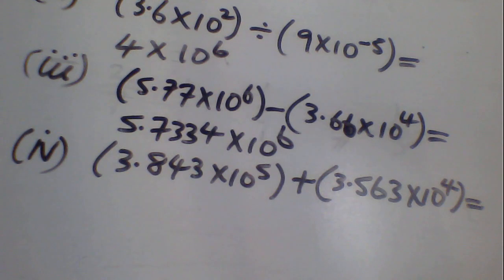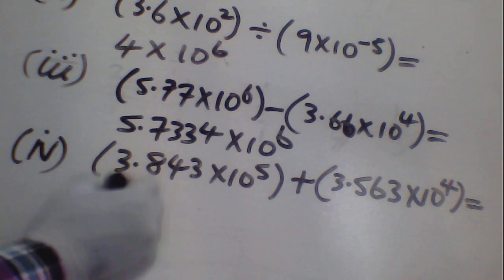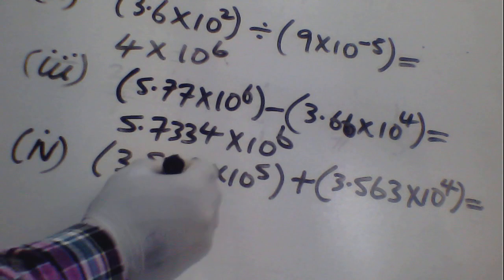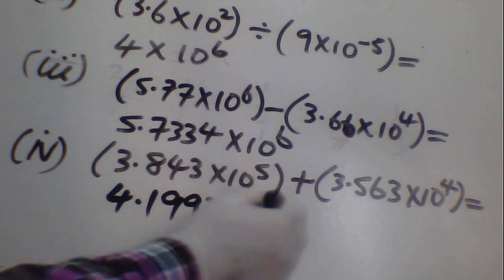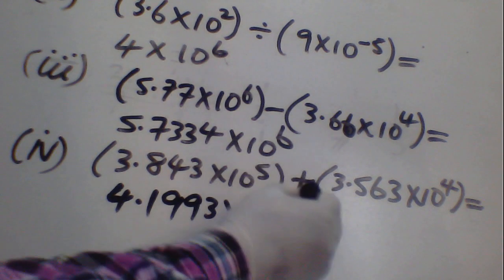You can always go back to the solution and see how we arrive at the answer. The answer to this is 4.1993 times 10 raised to power 5.